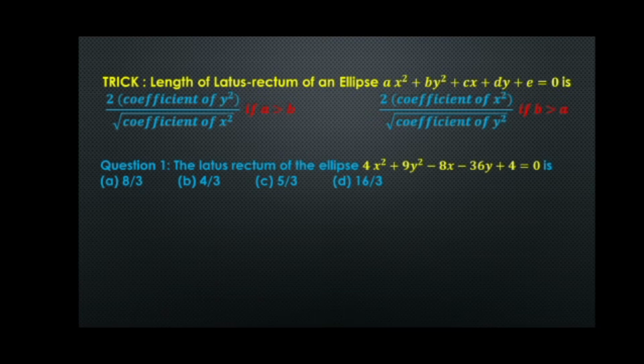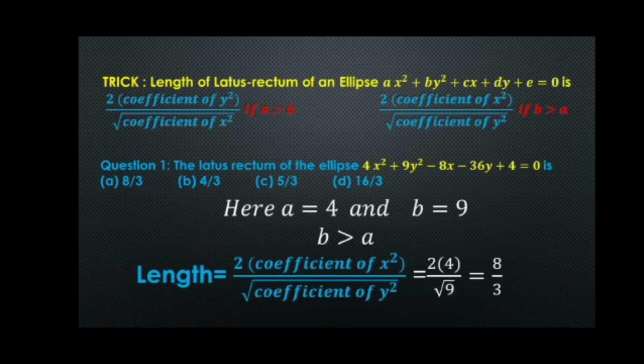For example, the latus rectum of the ellipse 4x square plus 9y square minus 8x minus 36y plus 4 equal to 0. Here a is equal to 4 and b is equal to 9. Therefore, b is greater than a.